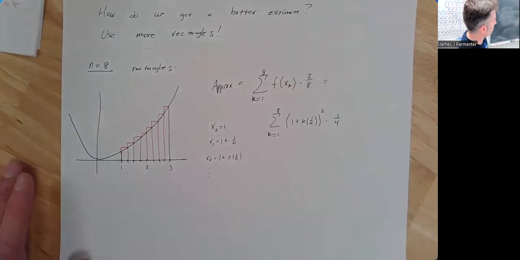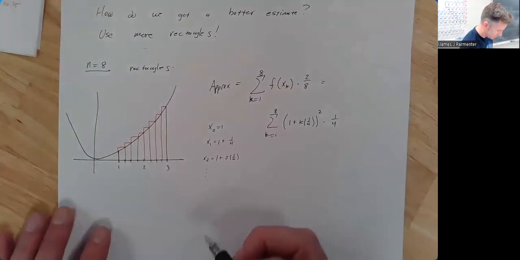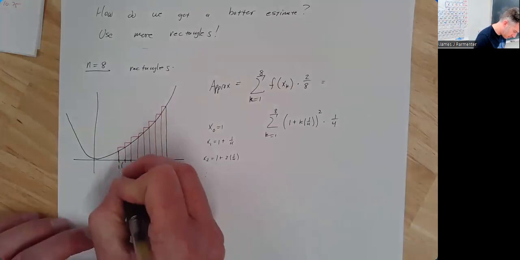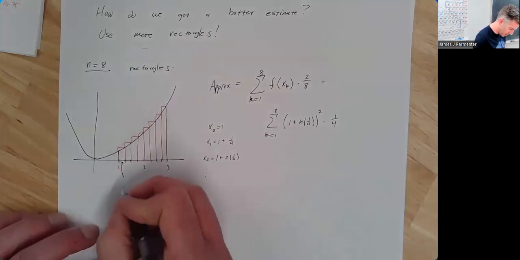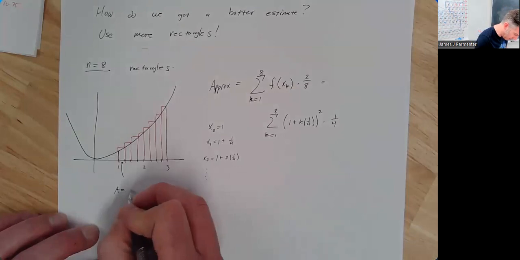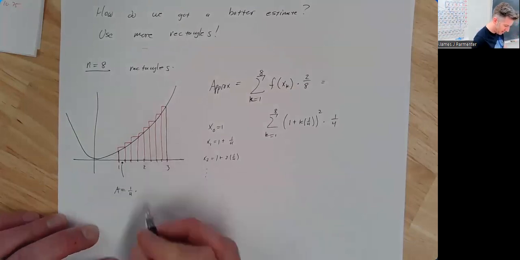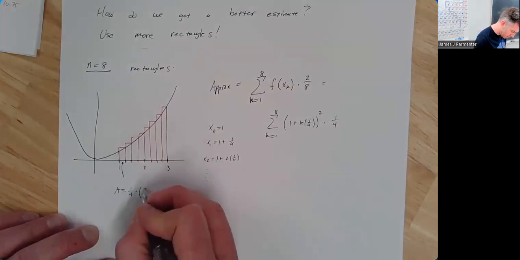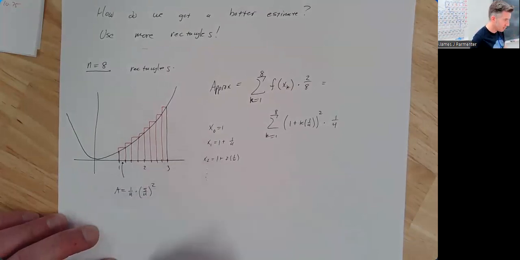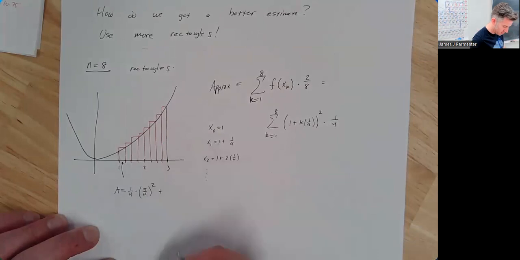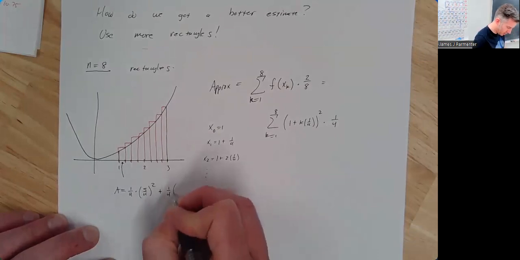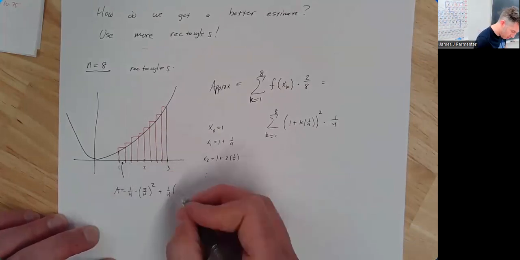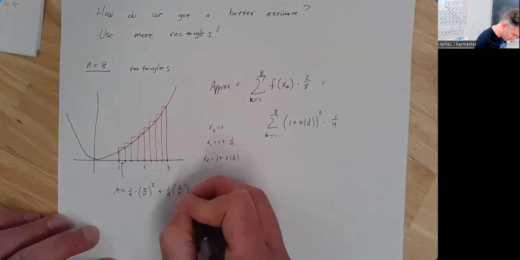Let's take a look at that and see if it really makes sense to us for a second. So this first rectangle, that right-hand point, the area there is going to be a base of 1/4, and the height we're going to get by plugging in 1 plus 1/4 to the function. And then the second rectangle, base of 1/4, we're going to move over another 1/4 to get 1 plus 2/4 or 6/4 squared.